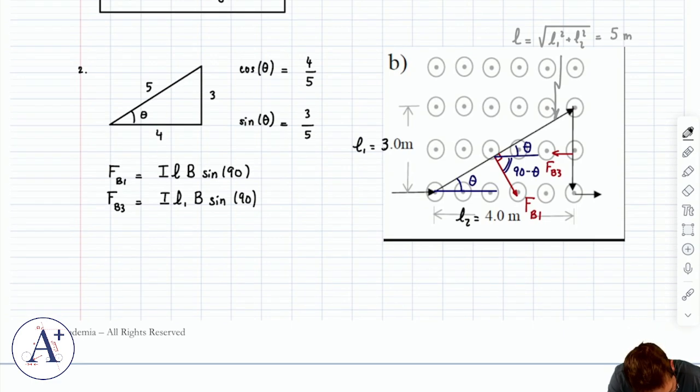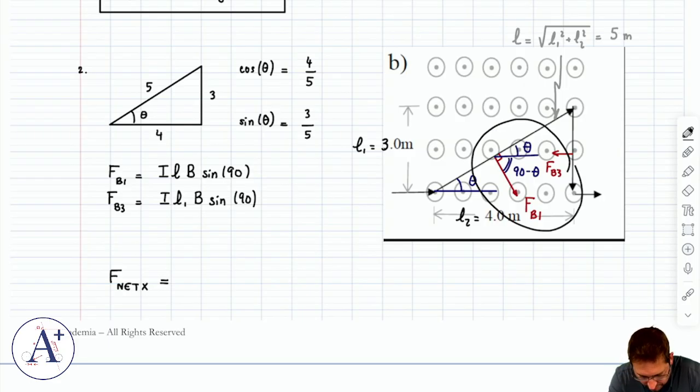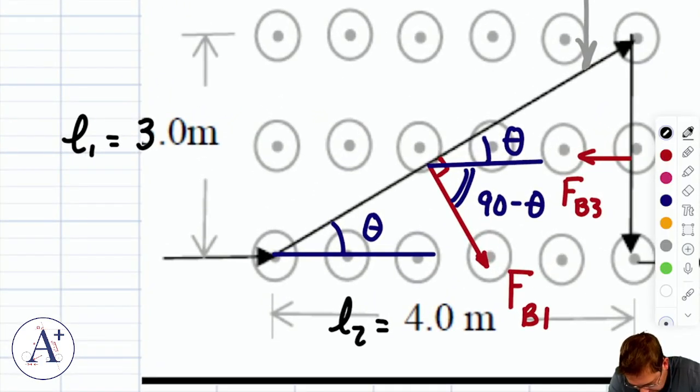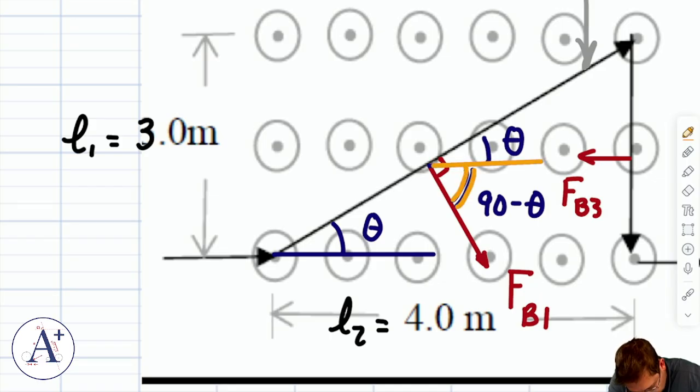Now if I want to write F net x, I'm going to find that the x component of FB1 here, perhaps I can zoom into it a bit, but this is going to be my vector, so this is my hypotenuse. This angle here is the angle between the hypotenuse and the adjacent side, meaning that the adjacent component here is going to be FB1 cosine of 90 minus theta.